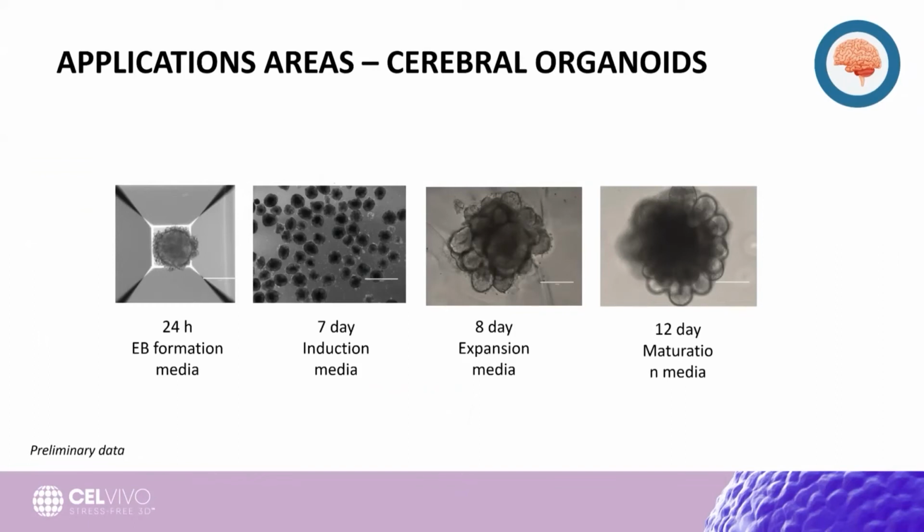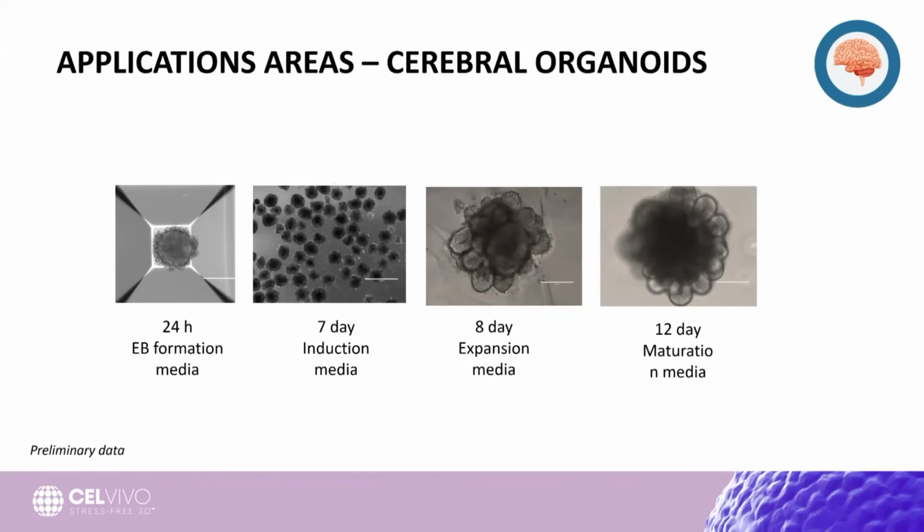So in this case, they created the EBs in the AGGREWELLs, and after 24 hours, the cells were seeded in the bioreactor in induction media, where the neural differentiation started. On day 8, the media was exchanged to expansion media, and then followed the maturation phase in maturation media.